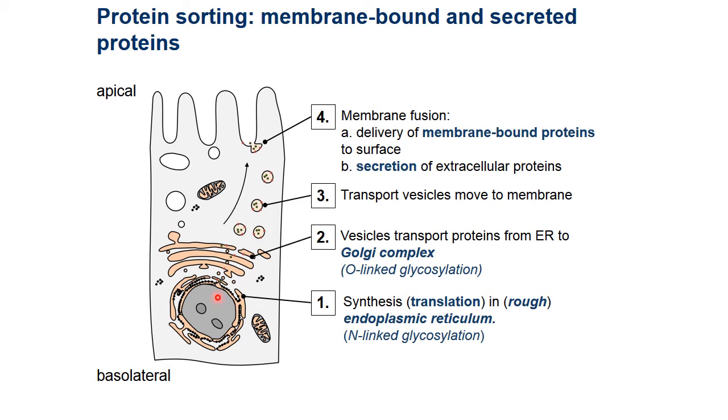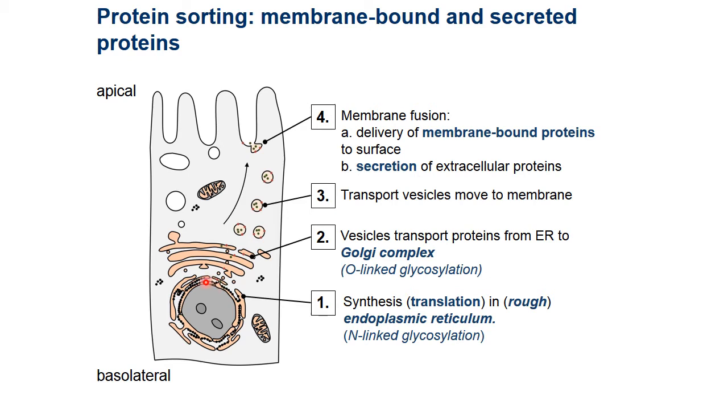So first the genes are transcribed in the nucleus, and the RNA is transported to the rough endoplasmic reticulum, where the mRNA is translated, so the polypeptide chain is formed. And the endoplasmic reticulum is also the site where N-linked glycosylation takes place.